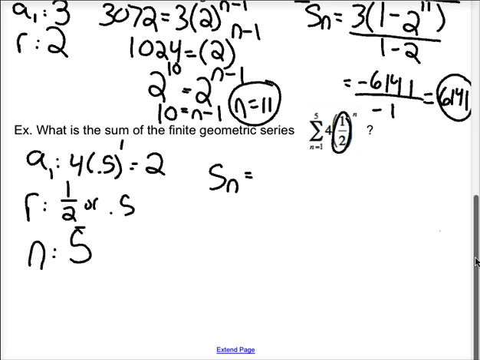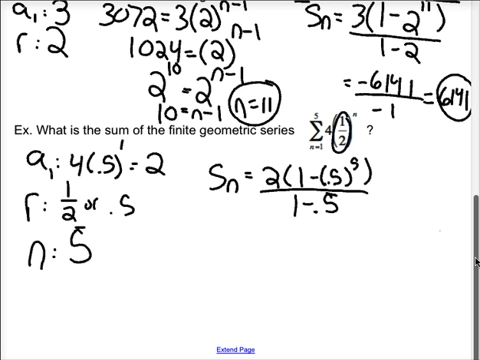So let's take a look. Sn equals A1, so that's going to be 2, times 1 minus R, which is 0.5, to the n, so to the 5th power, all over 1 minus R, so 1 minus 0.5.